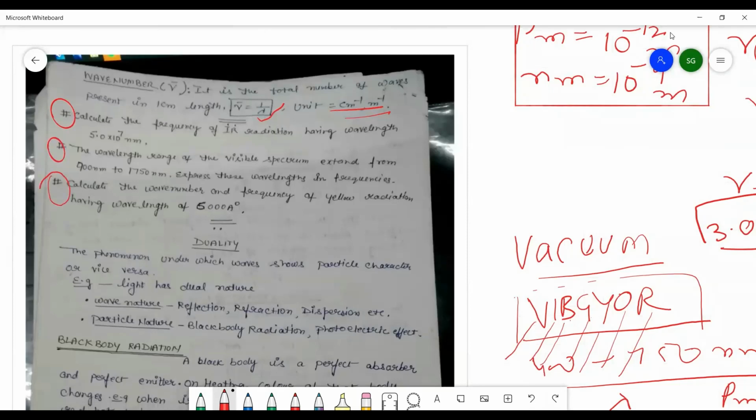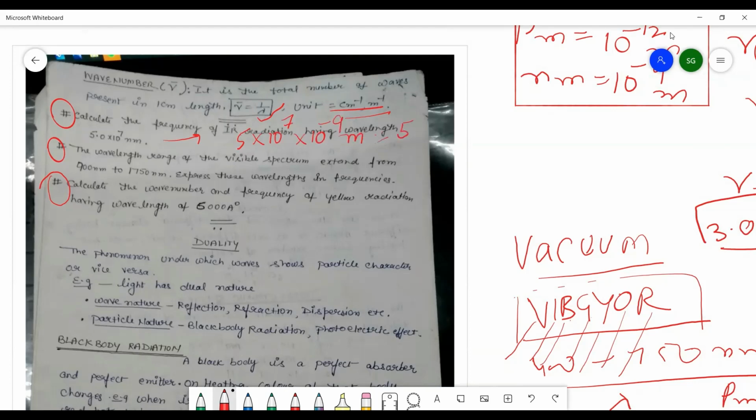Calculate the frequency of IR radiations having the wavelength 5.0 into 10 to the power 7 nanometer. You have to convert this nanometer into meter first. That is 5 into 10 to the power 7 nanometer, so whenever you convert this, it becomes 5 into 10 to the power 7 into 10 to the power minus 9 meter.